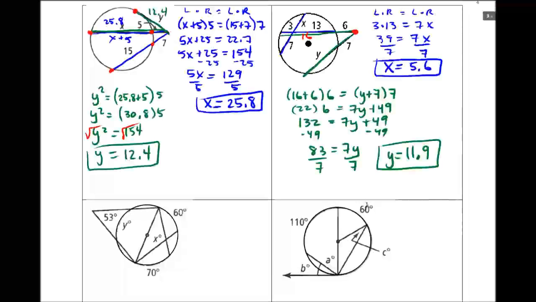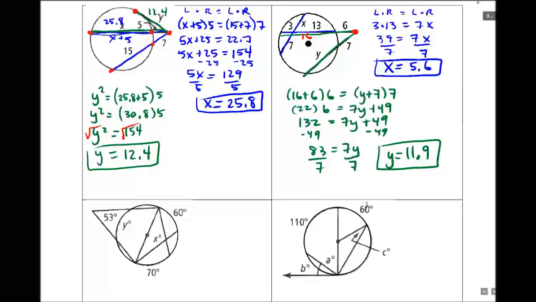All right, these both dealt with segment lengths, and both of them have the intersection point of the lines outside of the circle. So we're doing the distance to the left point times the distance to the right point equals distance to the left point times distance to the right. So on this first one here, I started with the x value, and that is the blue angle here.